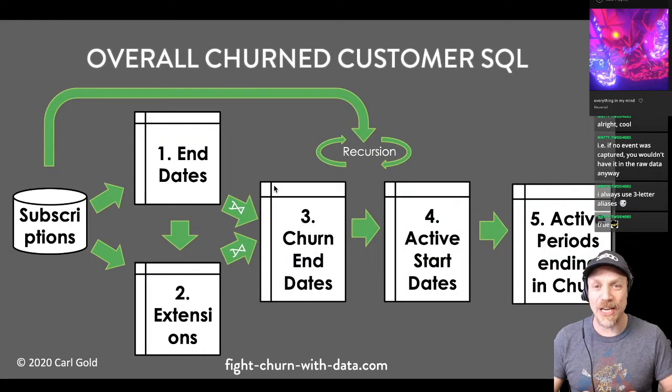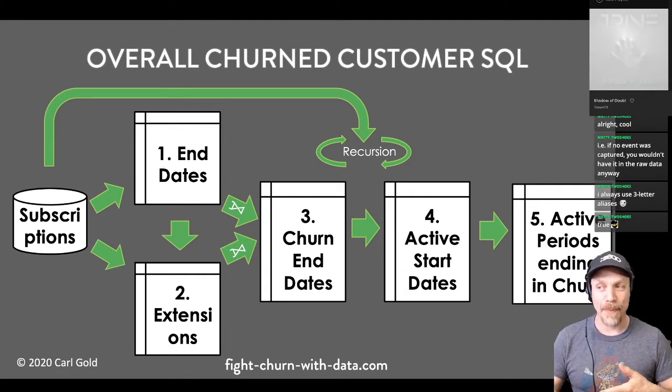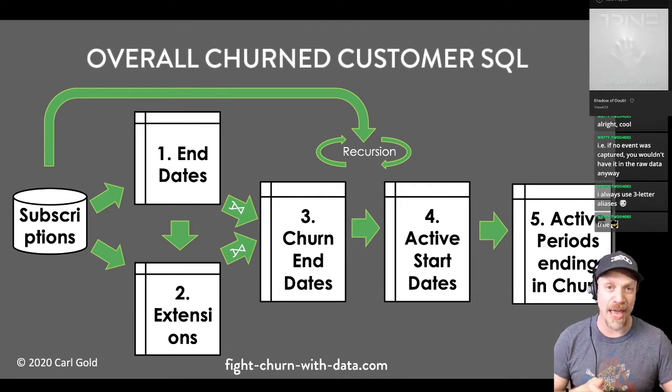So this is the overall SQL for finding the churn customers. You take the subscriptions and you find end dates for the current subscription, and then you find extensions for the end dates. And then you do an outer join to find the subscriptions with no extensions, and those are the churns. Better say that again.